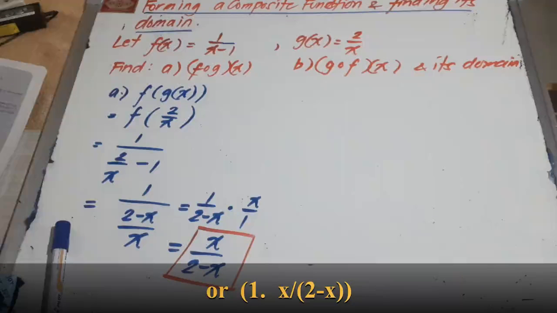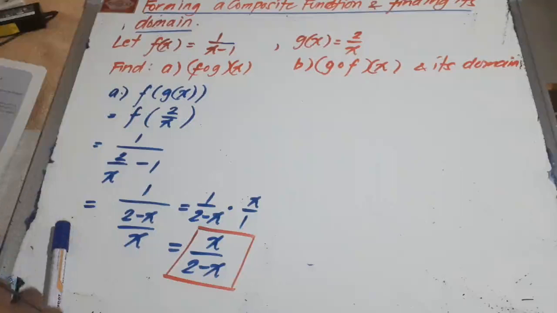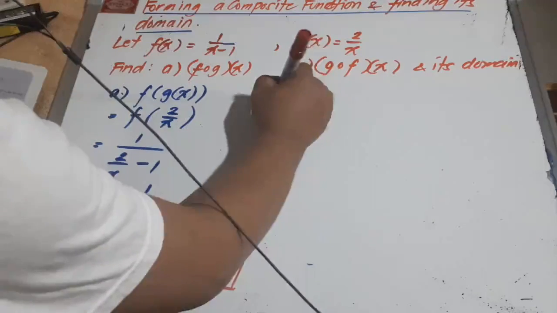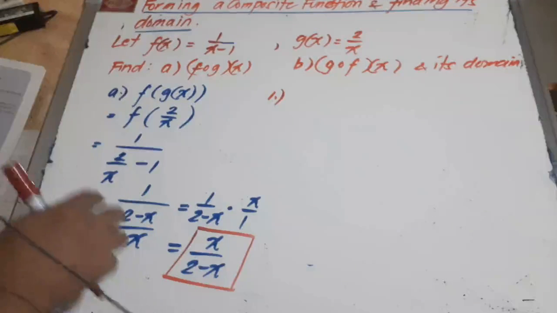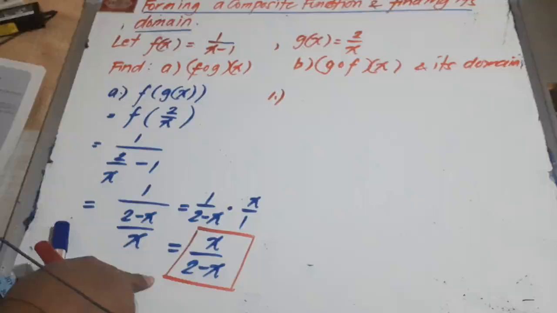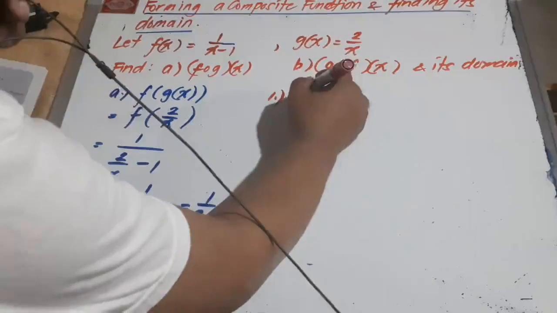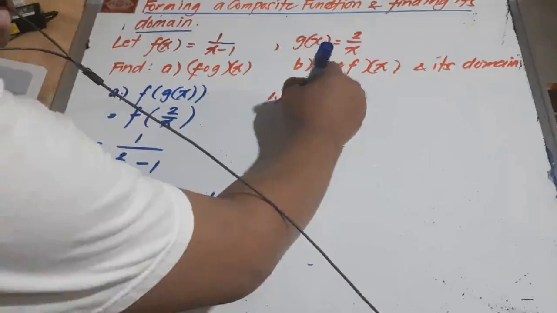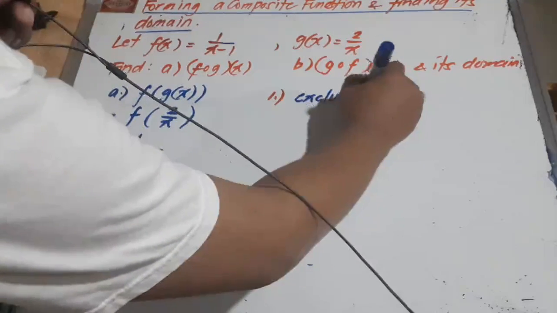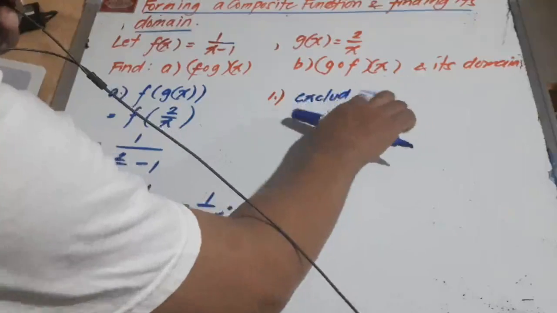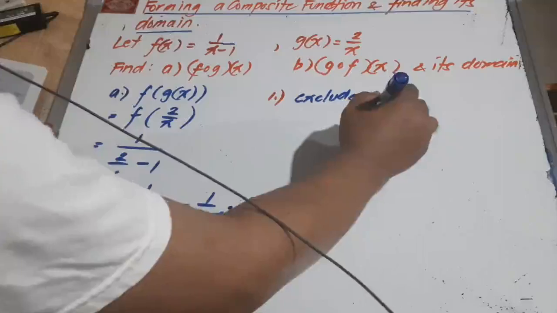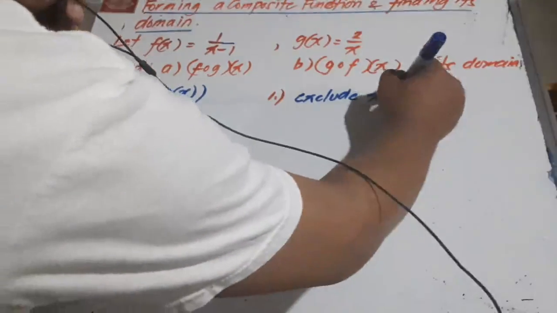So the next is for the domain of this resulting function, or domain of this composite function. So we have steps to be followed. Number 1, in finding the domain of this composite function, exclude x that is not in the domain of g.